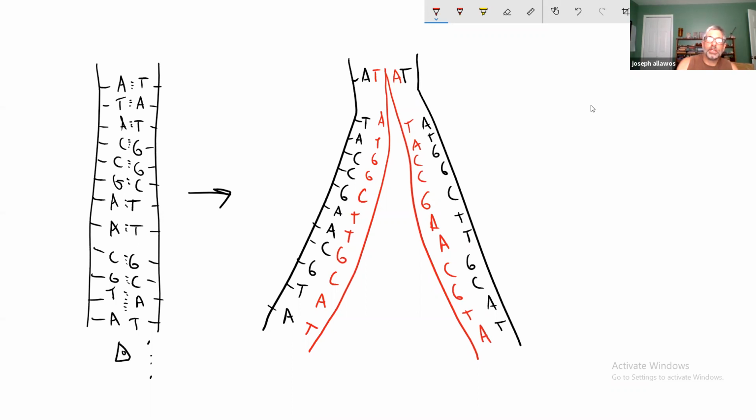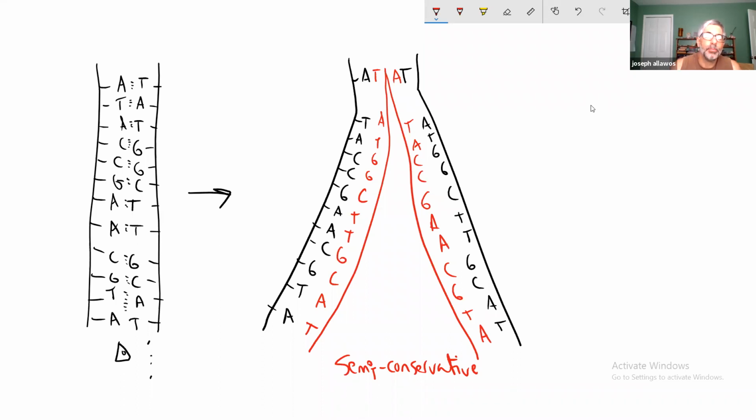They refer to this process as being semi-conservative. Can you think of a reason why they would say it's semi-conservative? What's being conserved in this process? What you'll note is that we still have both sides of the original DNA, don't we?